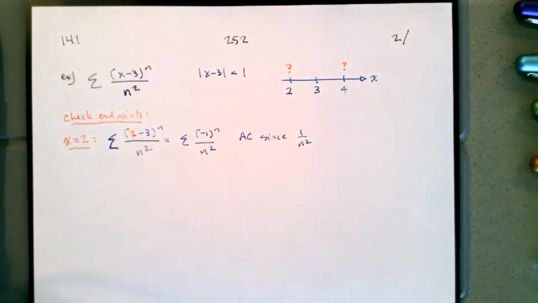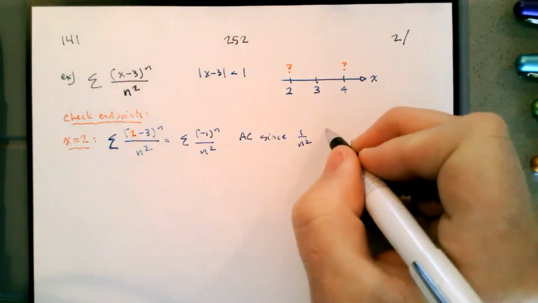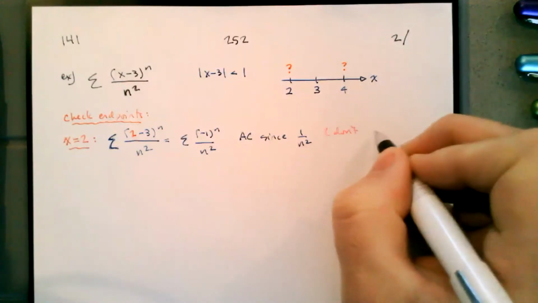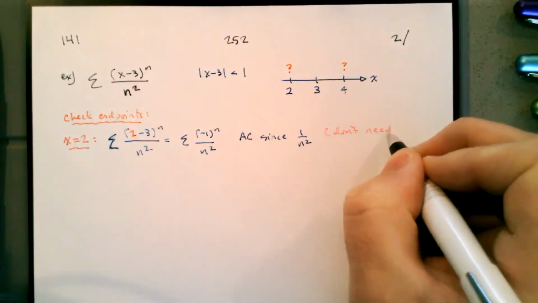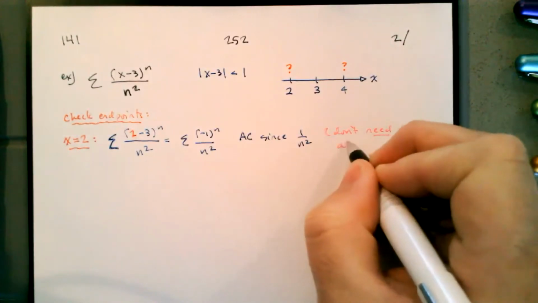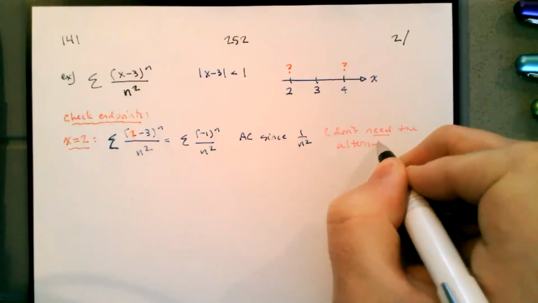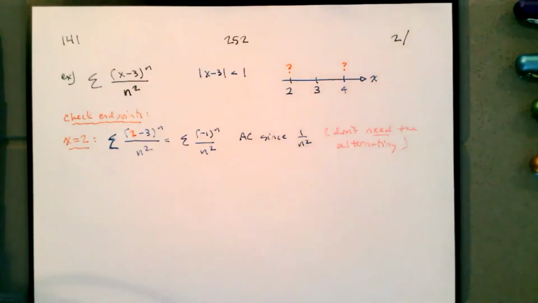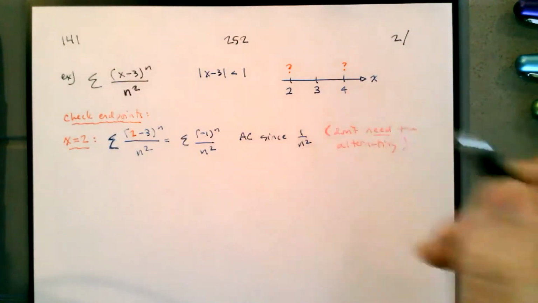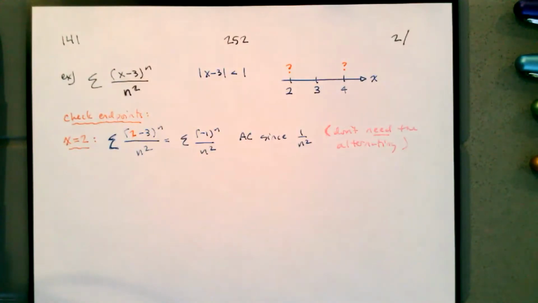The alternating is not what gets us convergence. The alternating is just extra. We don't need the alternating. It's the n squared that's making the difference.